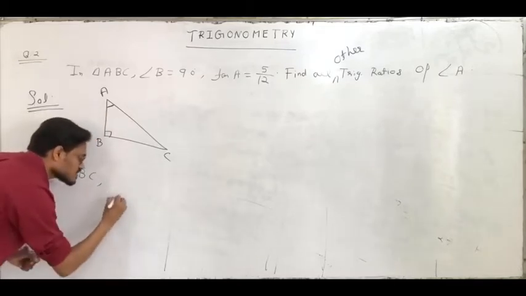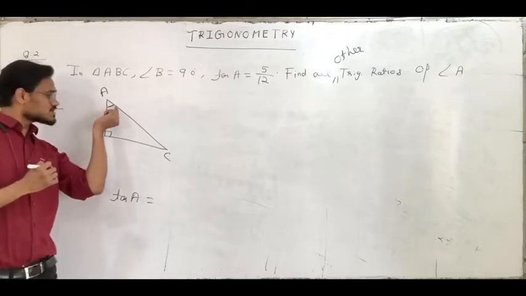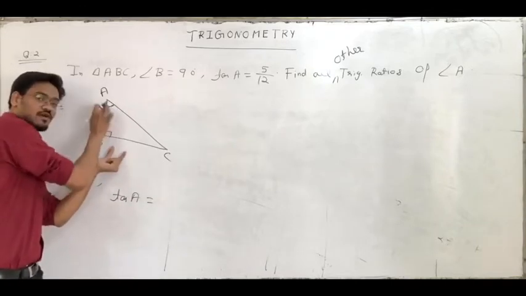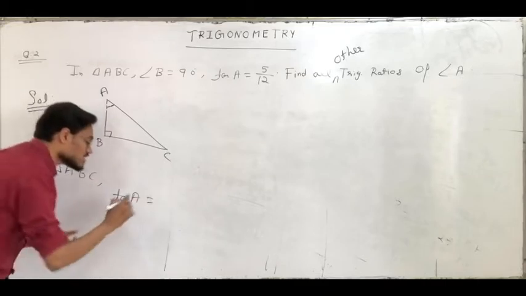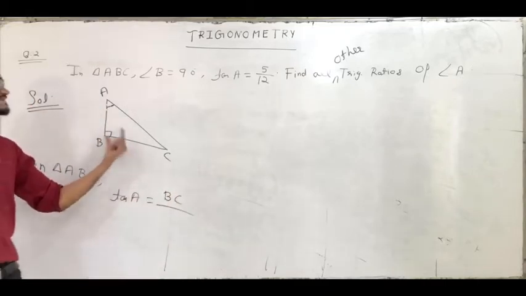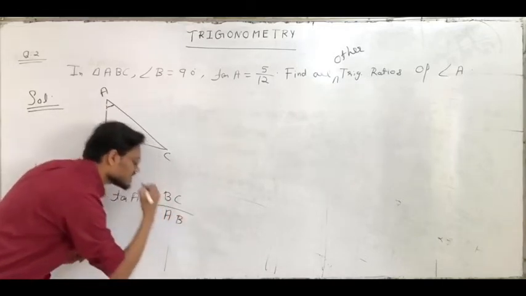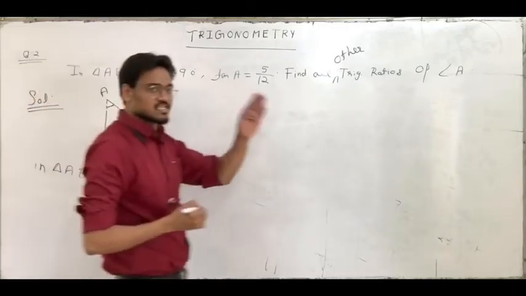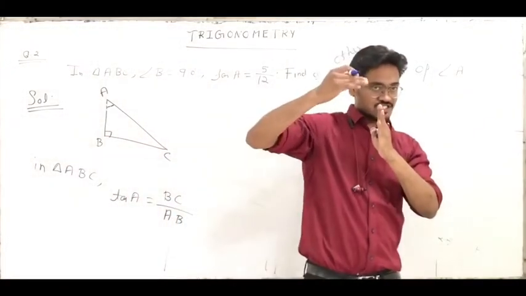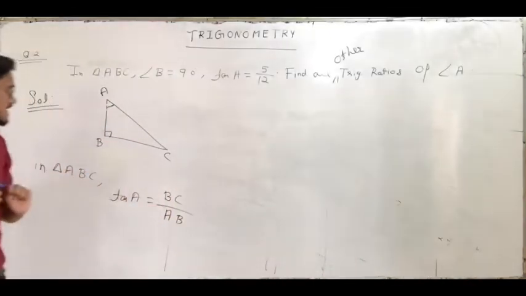For this angle A, the side opposite to angle A is going to be the perpendicular. And what about base? The side adjacent to angle A, so base is going to be AB. We know Pandit Badri Prasad Har Har bole, so the last P by B will give you tan theta. So tan A is BC by AB.